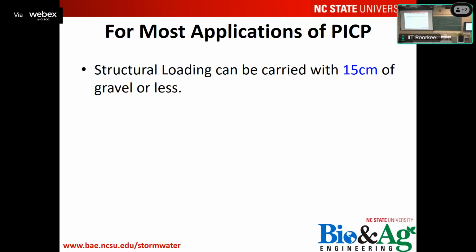Why do you think we don't need a whole lot of gravel? How many of you think 15 centimeters of gravel is pretty minor? It was to me. It's pretty minor. So why do you think we don't need more gravel? You know what the main reason is? We don't subject permeable pavement to heavy loadings, right?